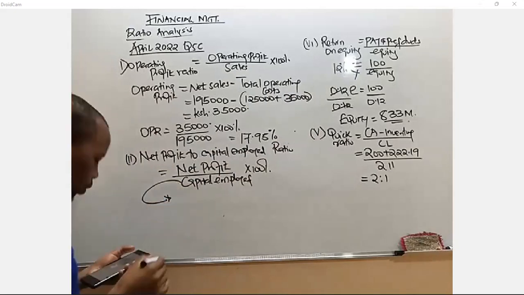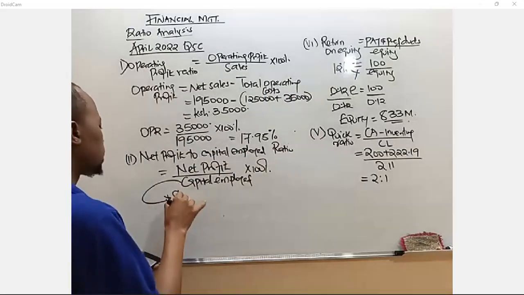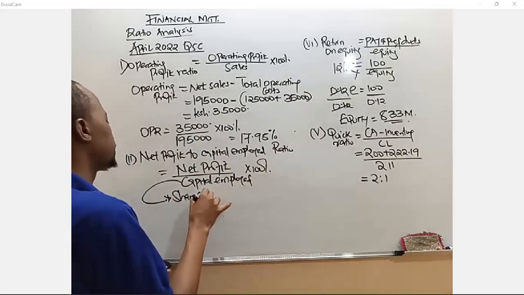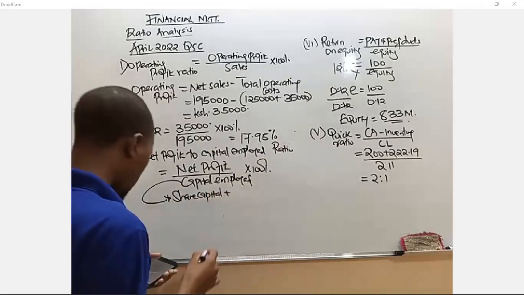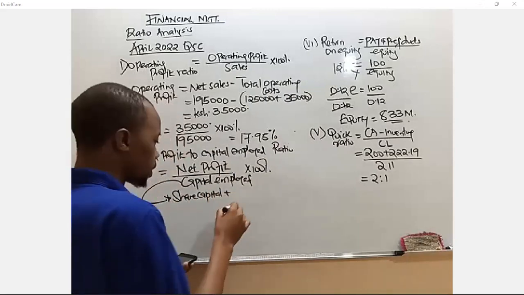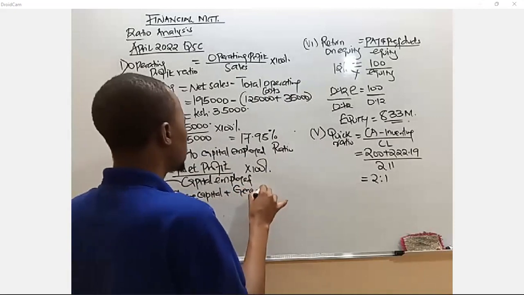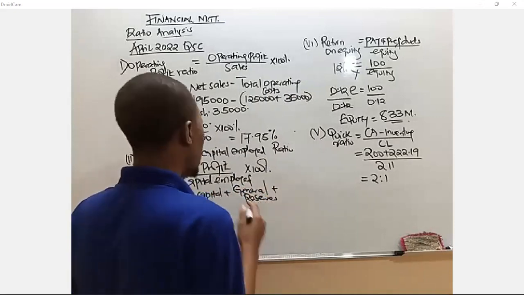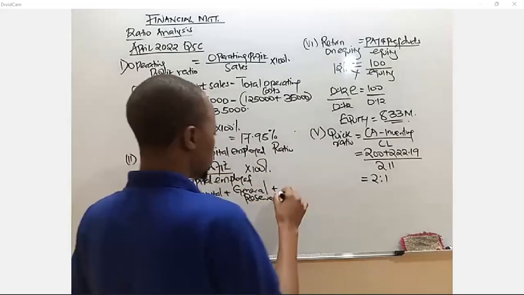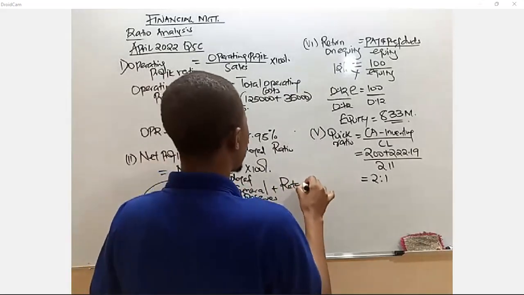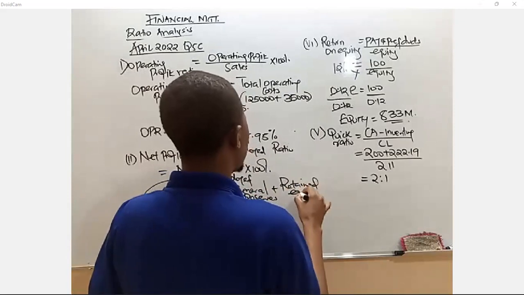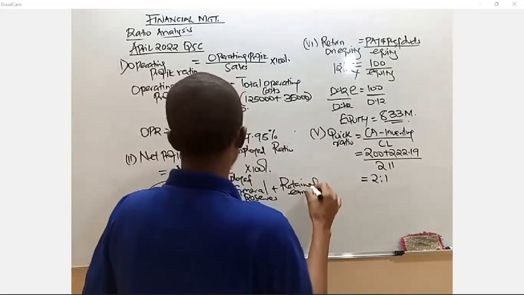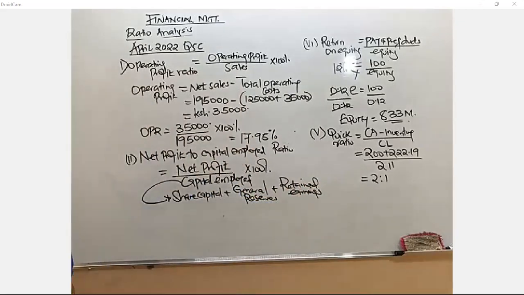So what is the capital employed? Let us take our share capital, add the general reserves, and add retained earnings. How much is our share capital from the statement of the financial position?